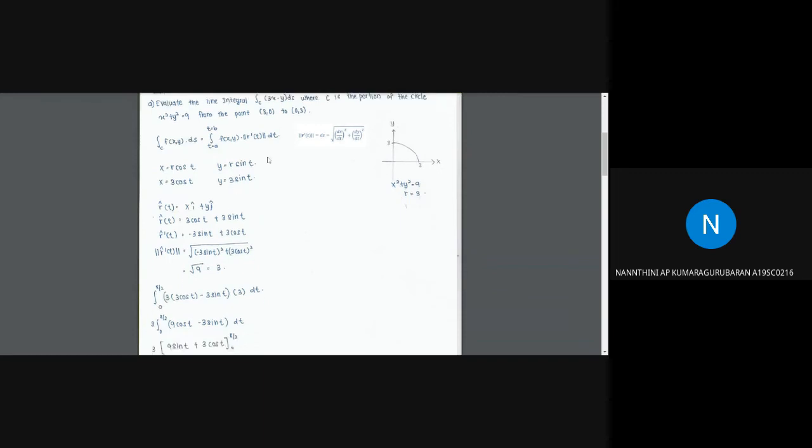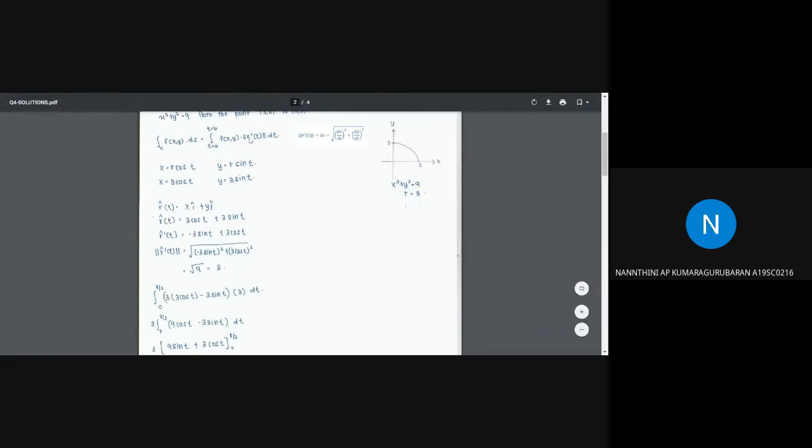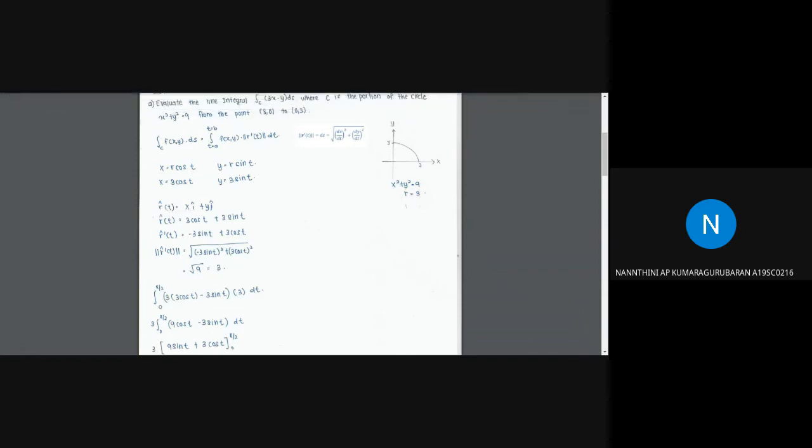So to find the magnitude of r prime t, we have to first find the vector function. To find the vector function, the formula is xi plus yj. Then the x value is 3 cos t, substitute this one, and y is 3 sin t, substitute here.